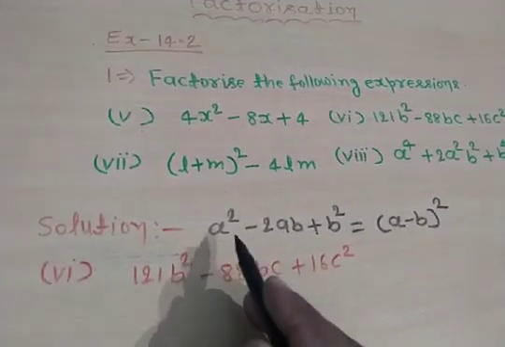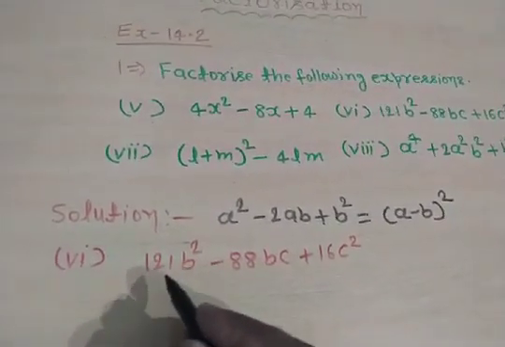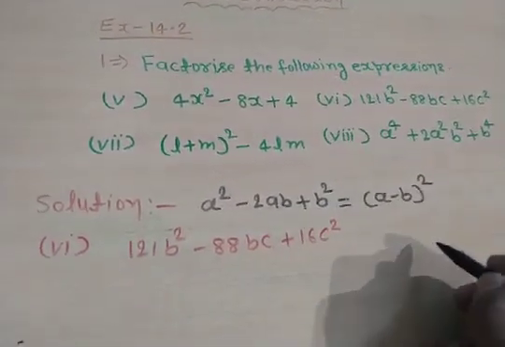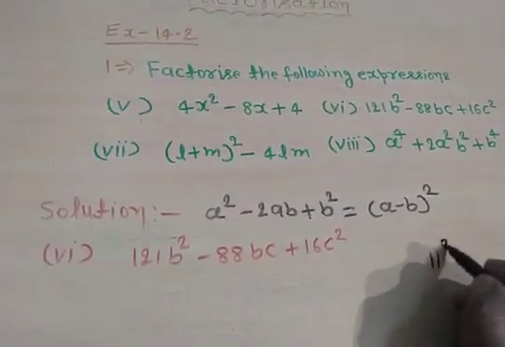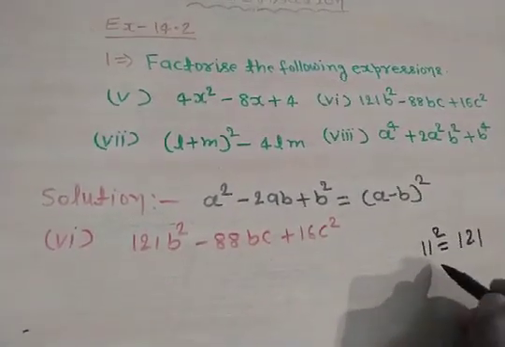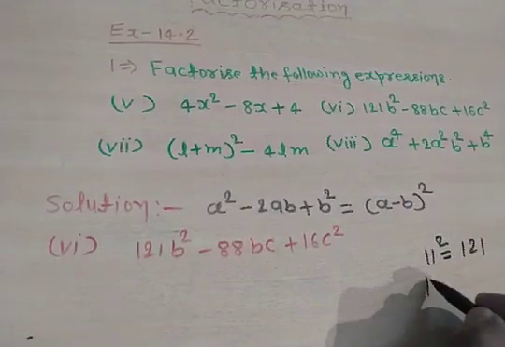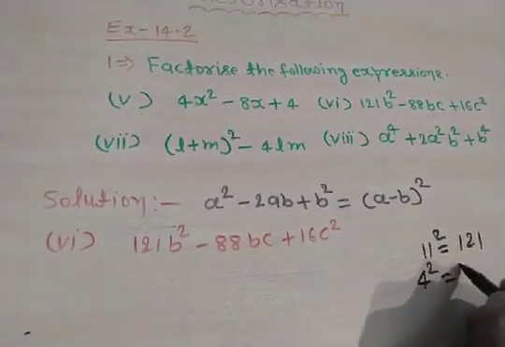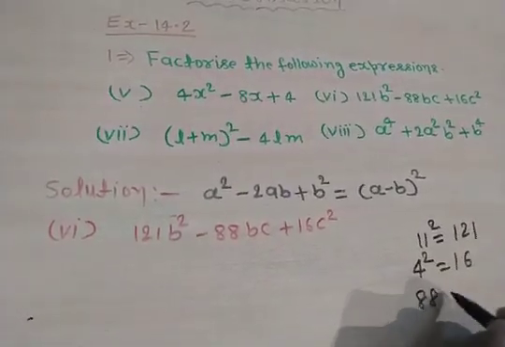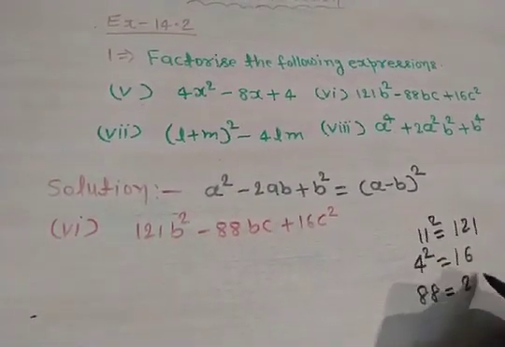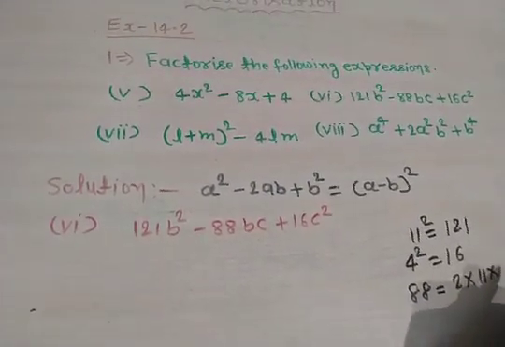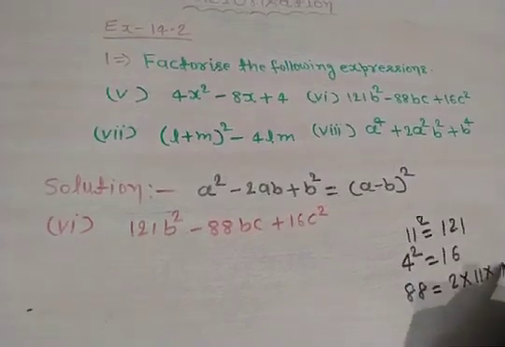Okay, so here you can see, you can write this 121 is square of 11, square of 11 is equal to 121. Clear? And square of 4 is 16, and 88 you can write 2 into 11 into 4.